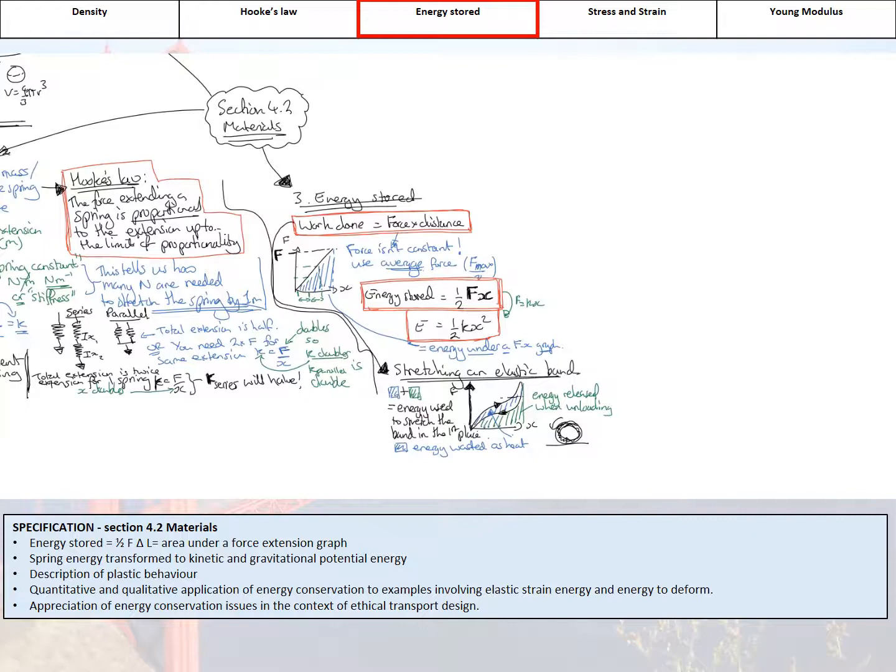Now, doing that, it doesn't release as much energy when it de-squashes as it takes to squash it. So some is lost. So if you can reduce this area, reduce wasted energy in compression, it will increase the efficiency of tyres.